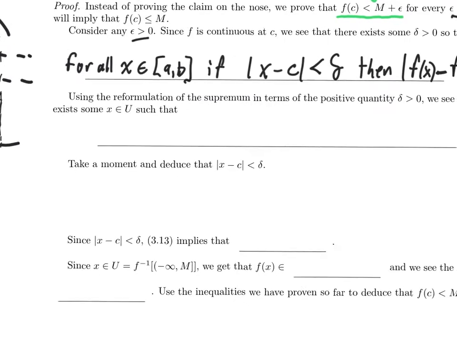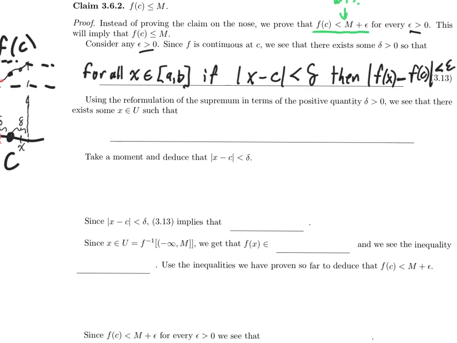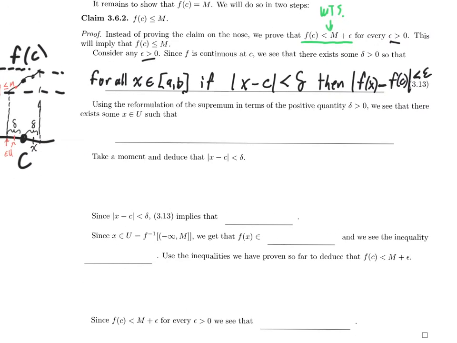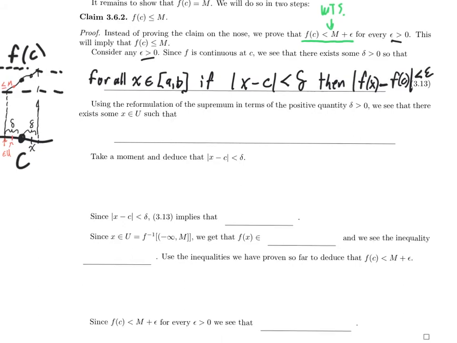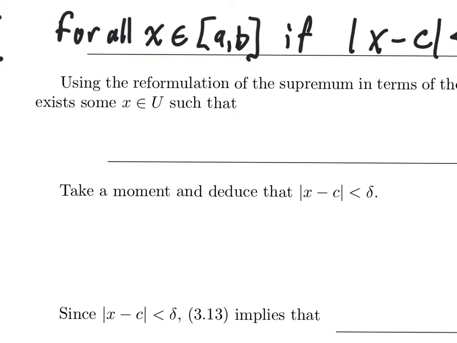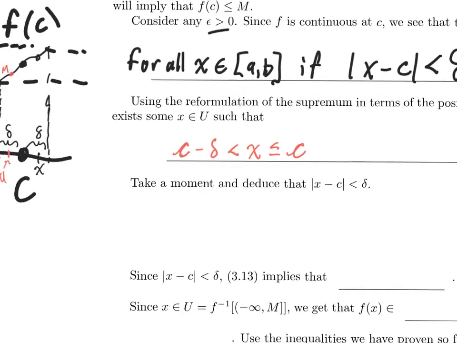So using the reformulation of the supremum in terms of an arbitrary positive quantity, this time delta, there must exist some x in u such that c minus delta is less than this x value, which I'll go ahead and remind myself will be less than or equal to c, because c is the supremum.